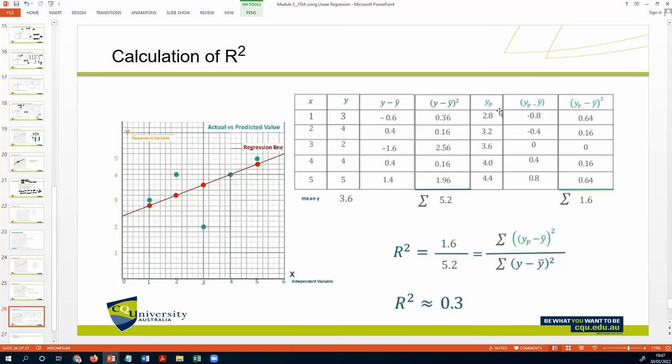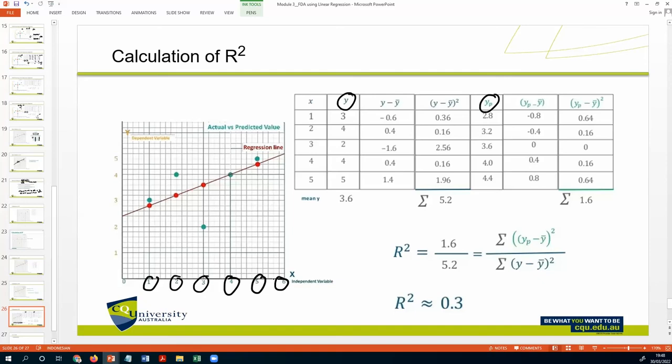This is the Y actual, and this is the Y prediction given the X. The X is still there; the changing variable is only the Y prediction.